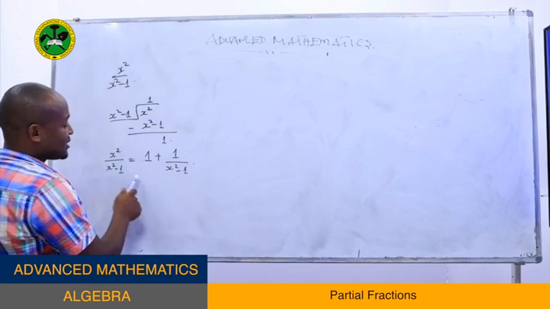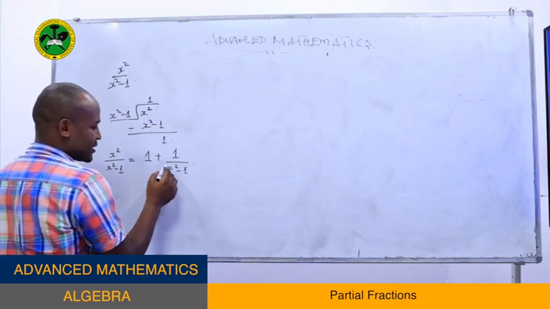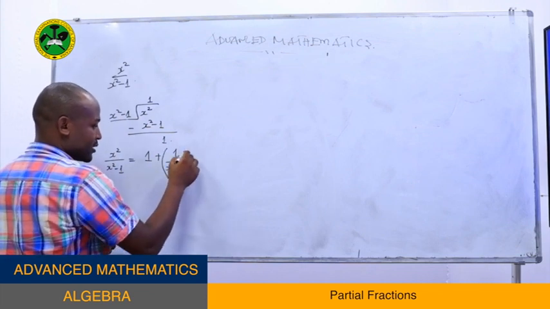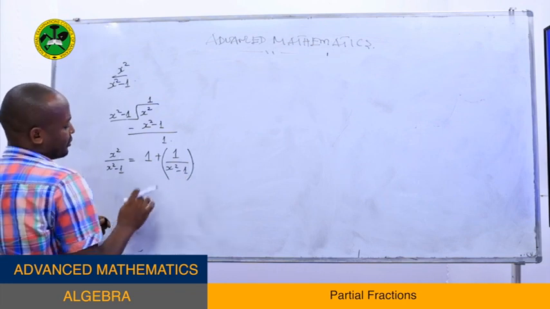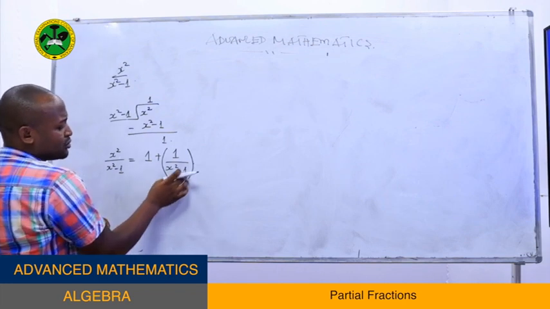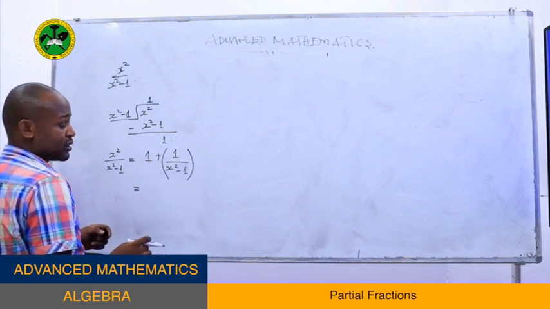So this now is the function. And the function we are supposed to partialize here is this function here, so that we can break it down or decompose into simple parts of it. And if you try to check it that much, this is a perfect square.